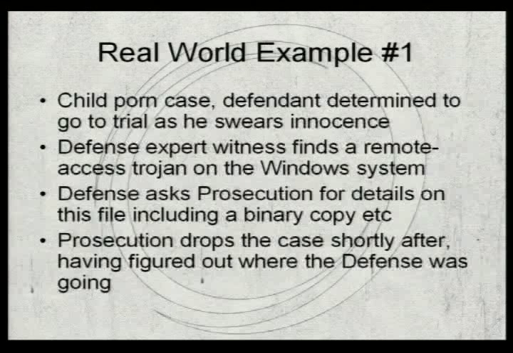During the original prosecution forensics investigation, they collected a lot of data, but the forensics investigator had 40 other things to get through. He missed that there was a remote access Trojan on this Windows system. Also, the guy it happened to was not real computer savvy.